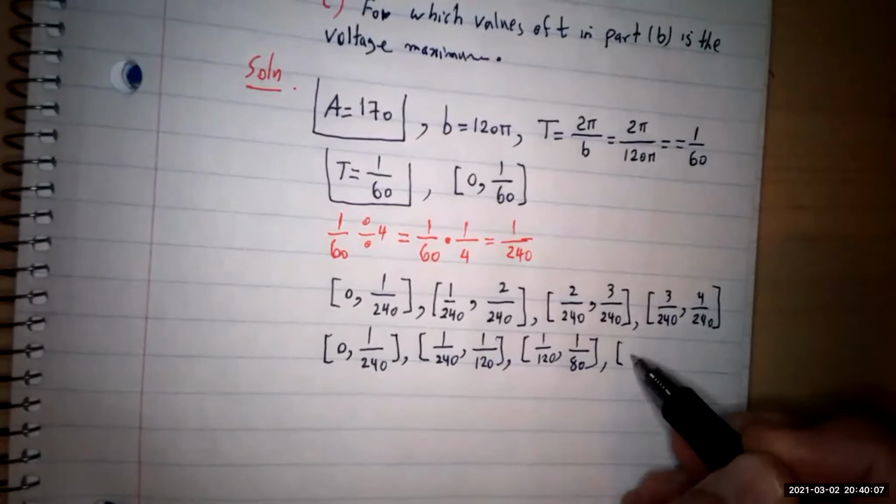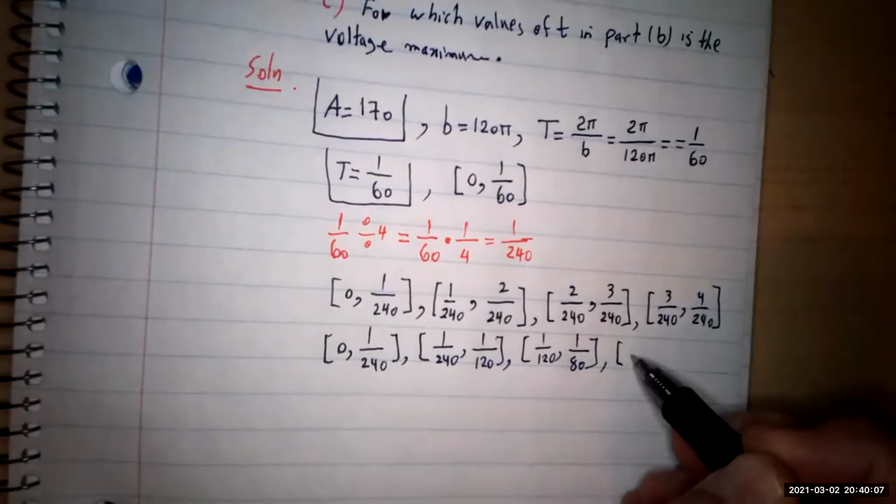So this is going to be the 4 parts: 1, 2, 3, and 4. Now, going up and down, what do you have? You have 170.